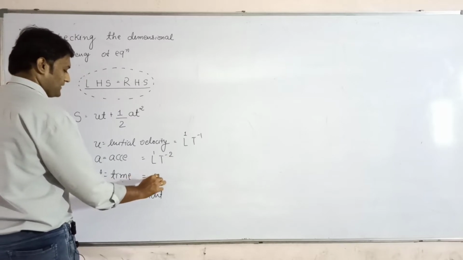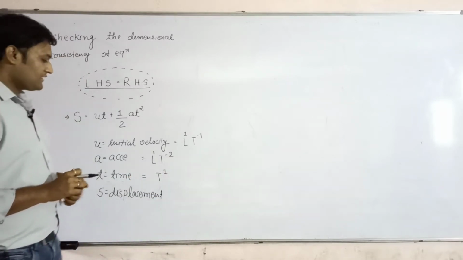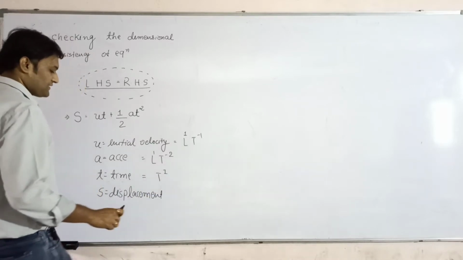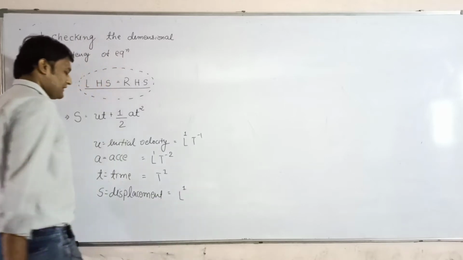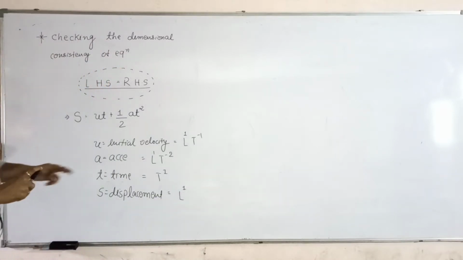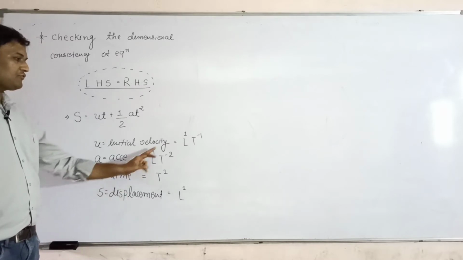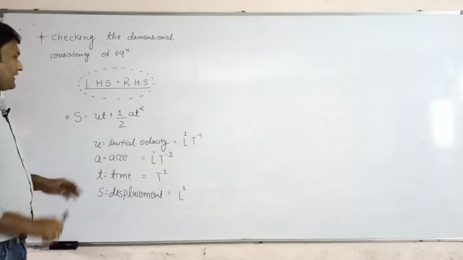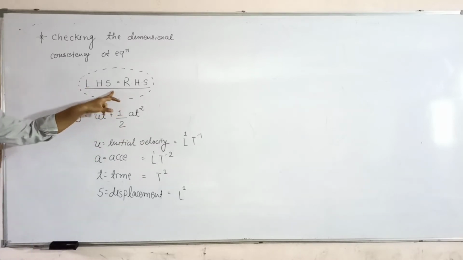The time is only T1, also written M0 L0 T1, and displacement is L1. Okay, so that is very simple. Now we have to compare, just LHS is equal to RHS.